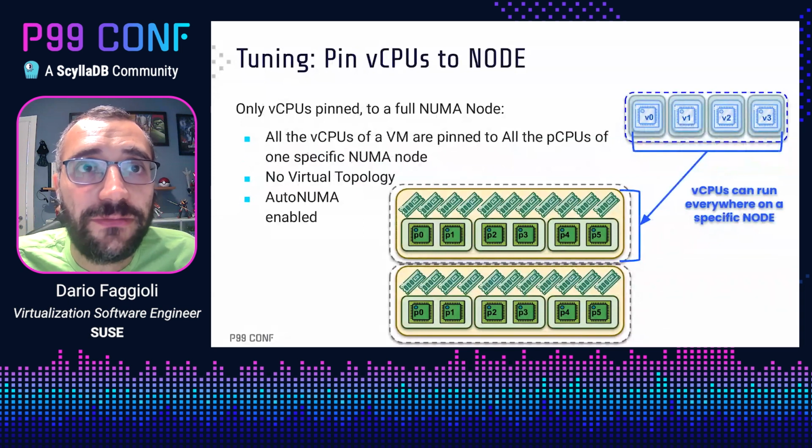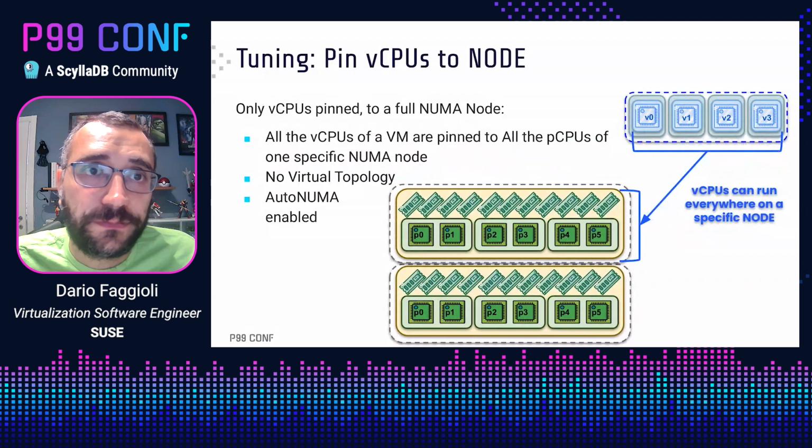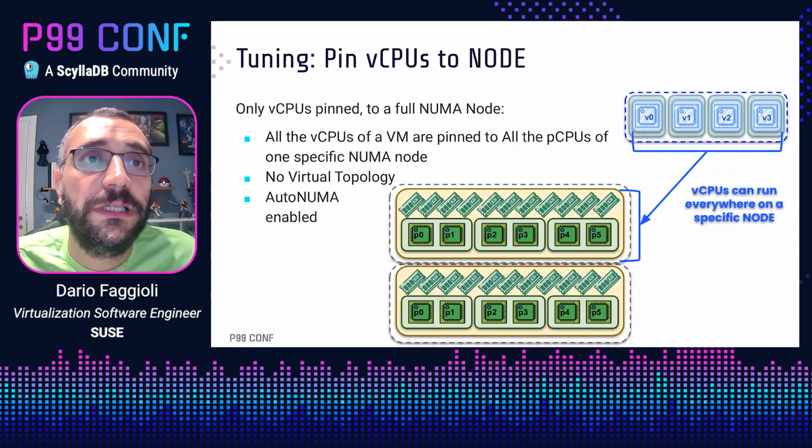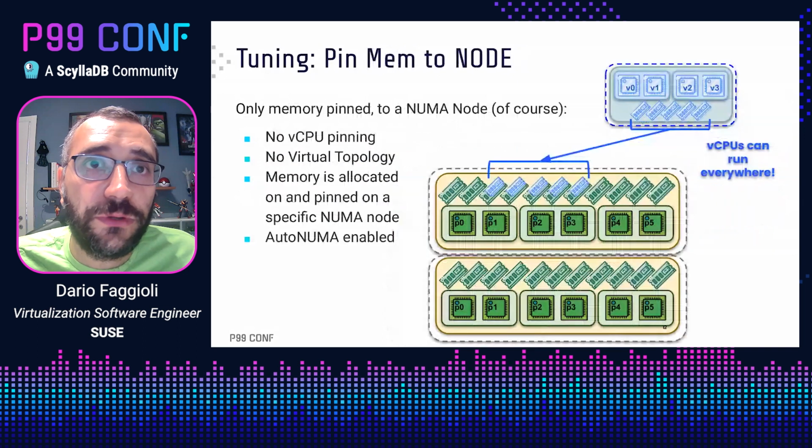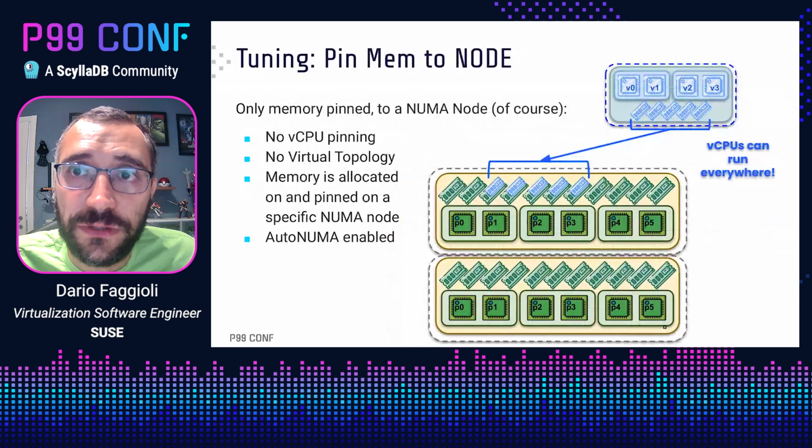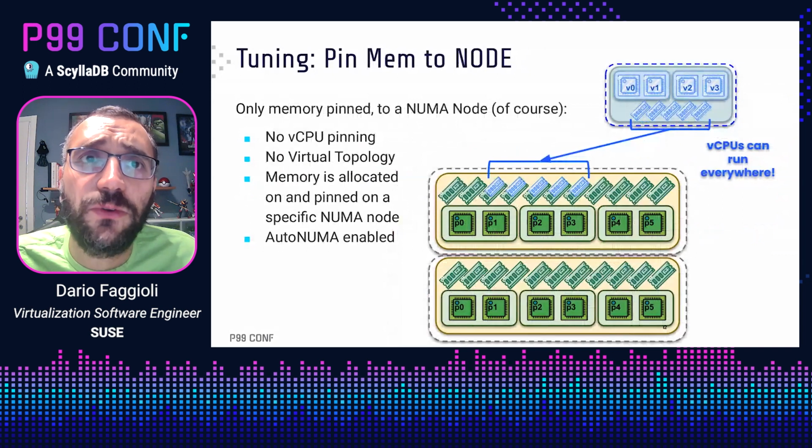It can be seen as a form of relaxed pinning, and AutoNUMA was kept enabled. In the pin mem to node configuration, it was only the memory of each VM that was pinned to a specific NUMA node, to see if we can get AutoNUMA to pull the vCPUs there as well.